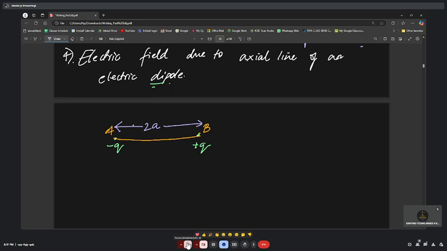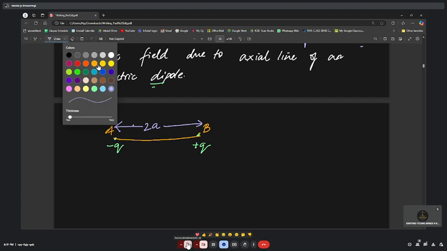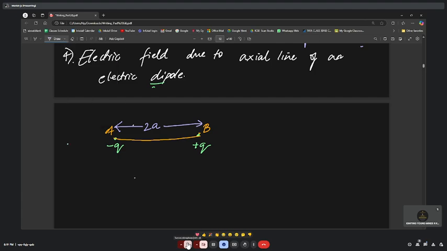Now there is a dipole moment that exists from one charge towards the other. The dipole moment is always directed from the negative charge towards the positive charge.